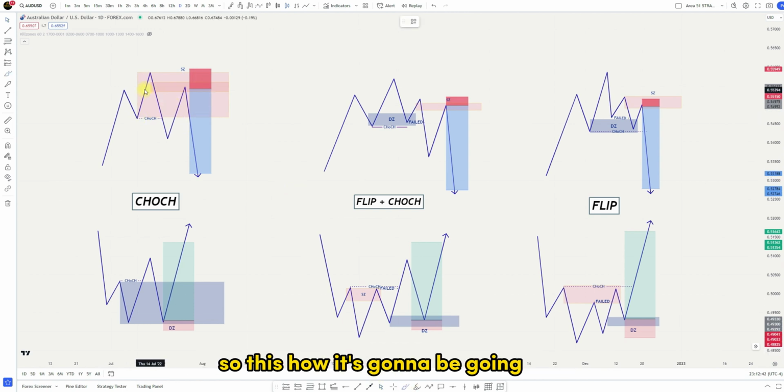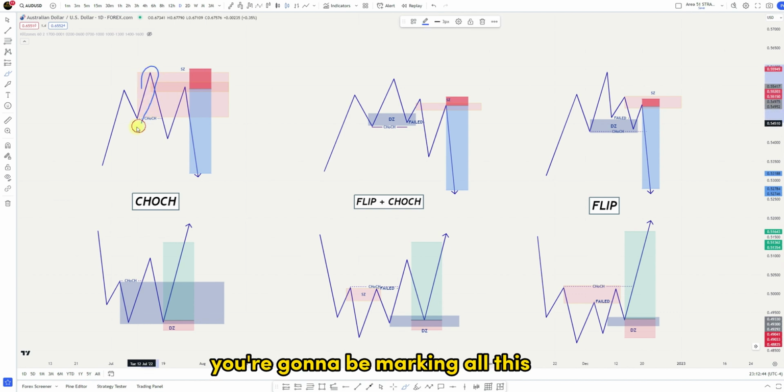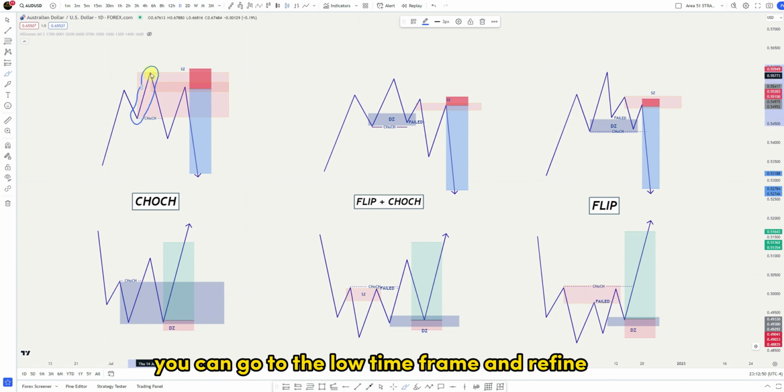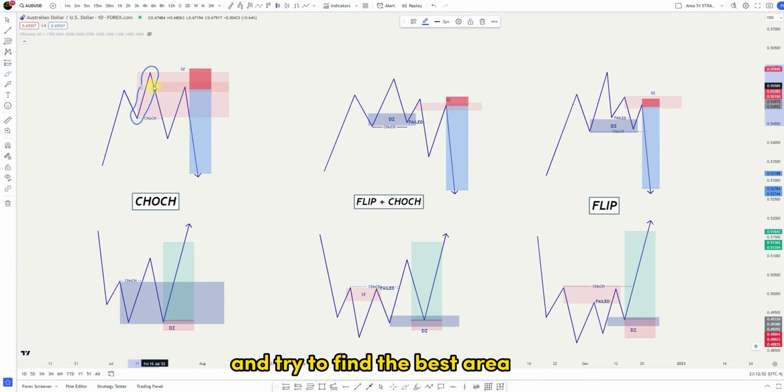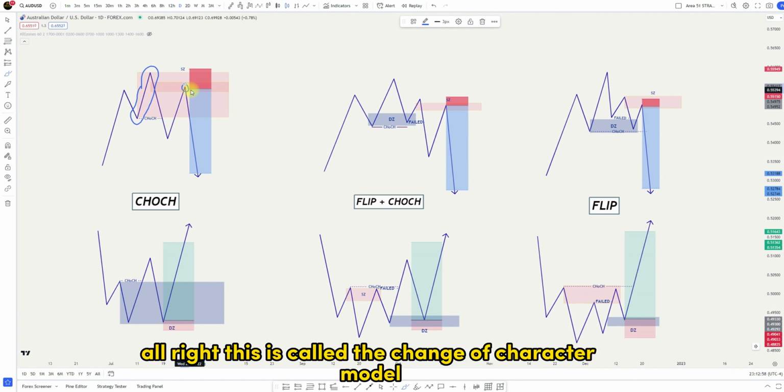So this is how it goes. Once you do that, you can go to the lower time frame and refine, and try to find the best area where you can enter the market in order to minimize your stop loss. This is called the change of character model.